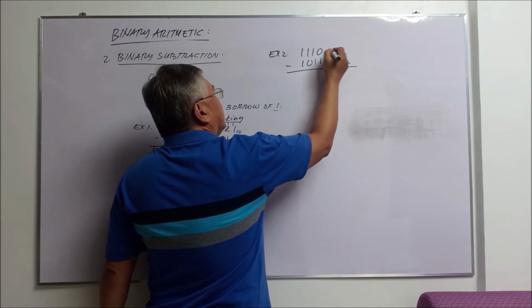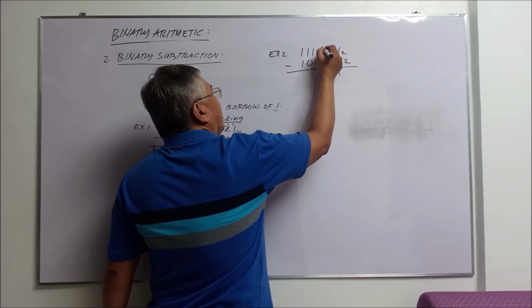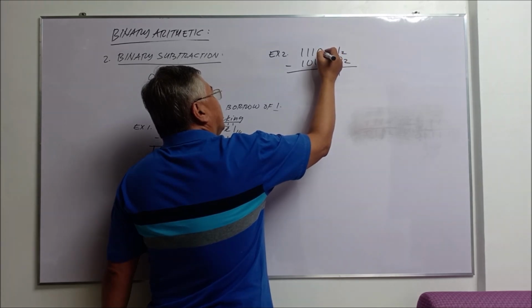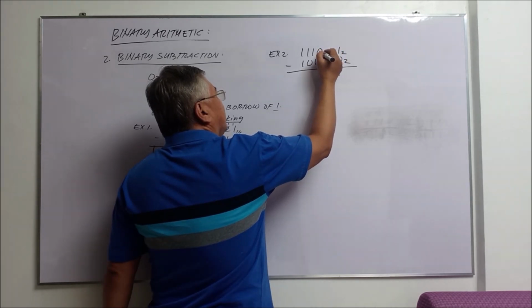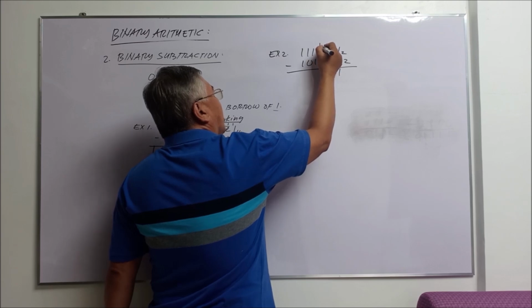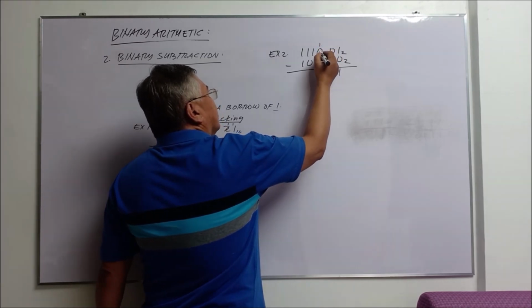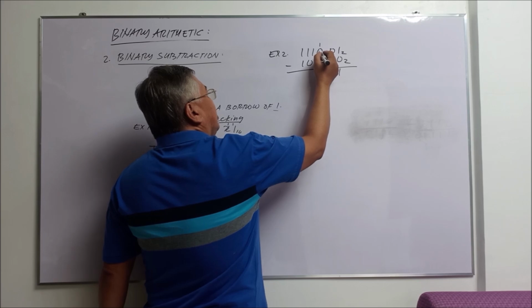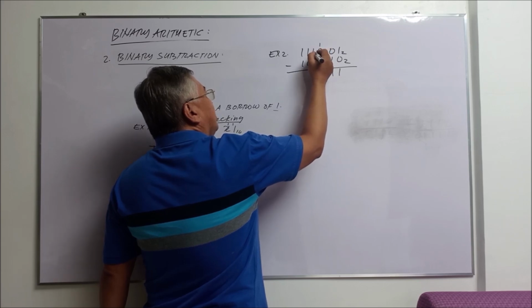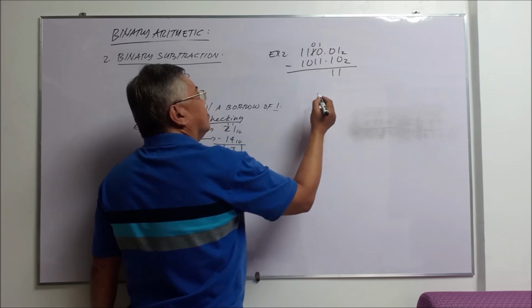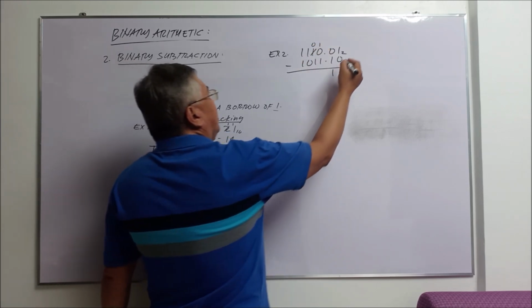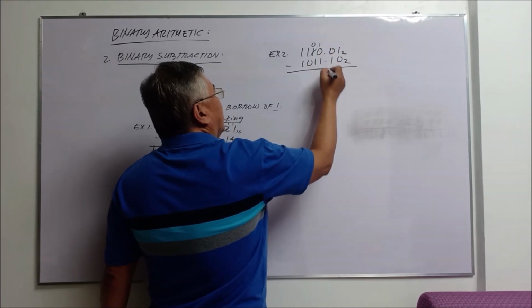But since this is 0 here, we'll have to borrow from the next digit. So since this is 0 again, this becomes 1. Now, this 0 here needs to borrow again in the next digit. So this one here becomes 0. Alright? Then you subtract 1 minus 1.